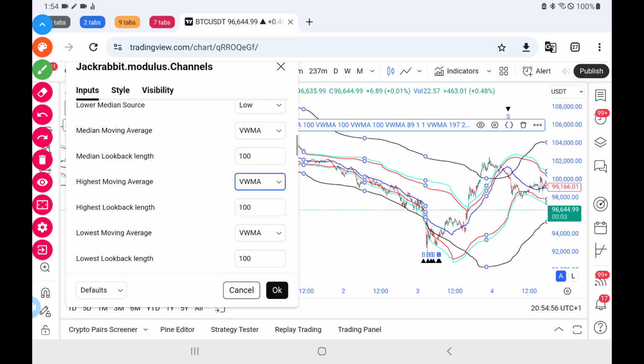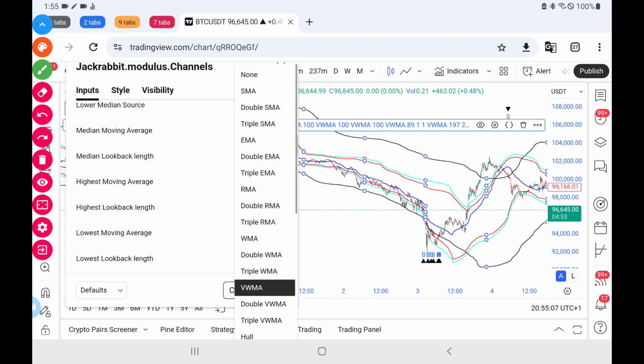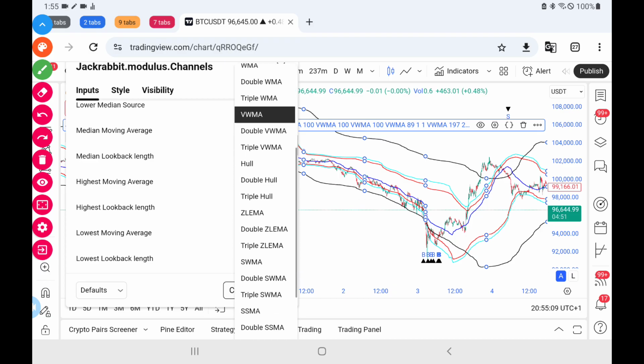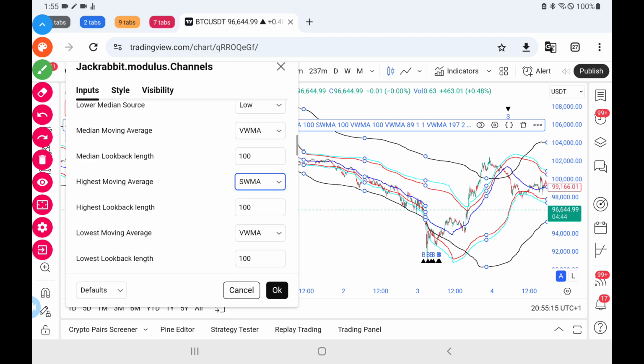And we see that the selling point changed a little bit. Let's go a little bit different though. Let's see what happens if I go with a sine weighted moving average.